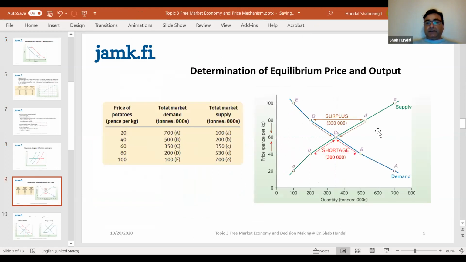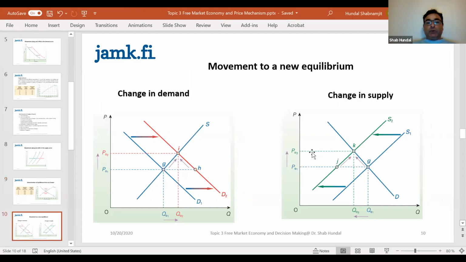And then there is a classic example when the demand and supply intersect one another, and that's where we have the equilibrium price and the equilibrium quantity. And if there is any disequilibrium, any change, disturbance, disruption, the market system itself is capable of restoring back to normalcy, to the equilibrium.